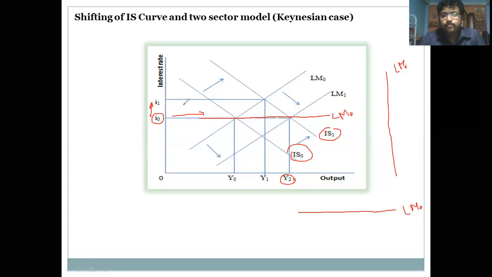So I hope you got the point and you understand the impact of investment or consumption on the IS curve and the overall two-sector Keynesian model.